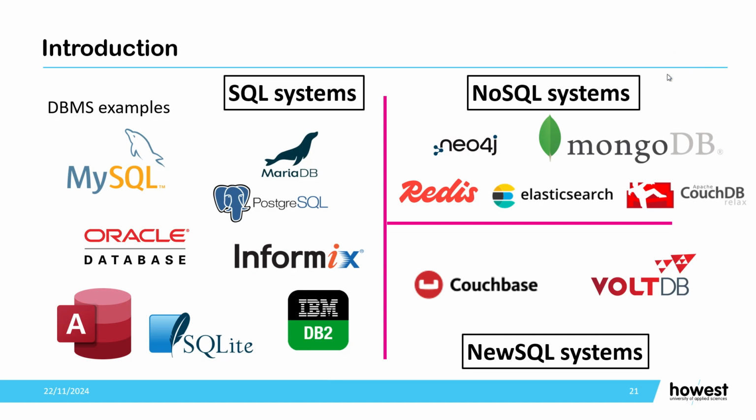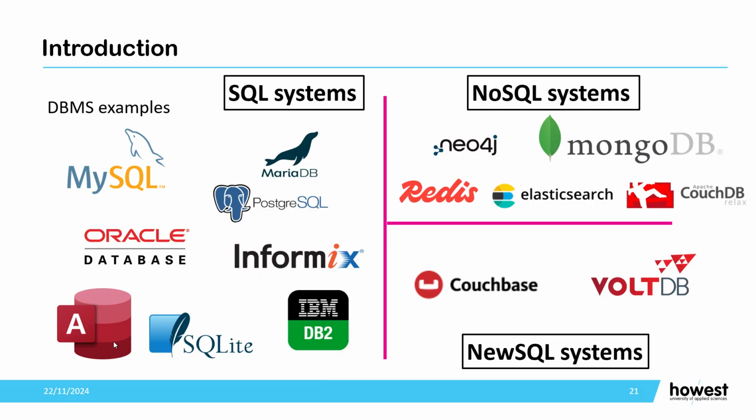Here are some examples of such software that we can use. So you can see SQL systems, MySQL, MariaDB, Postgres are all examples. Currently, MySQL and Oracle are at the top. After that, Postgres is in the list of most used database systems.